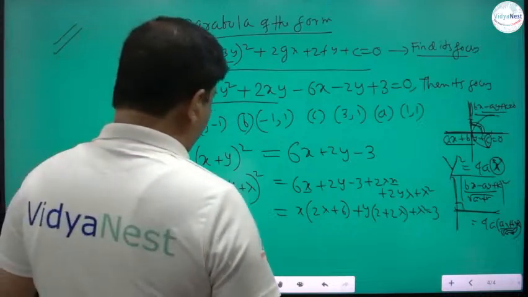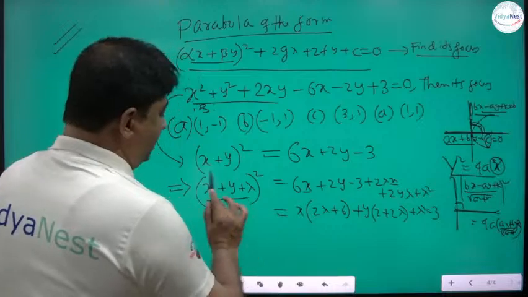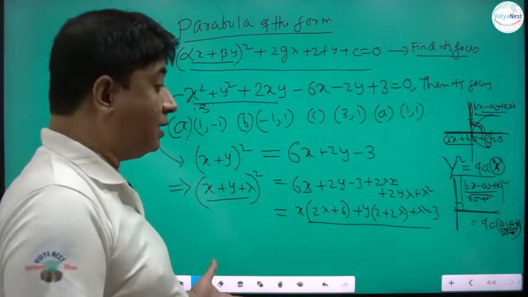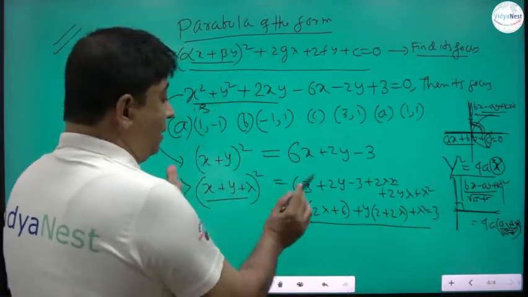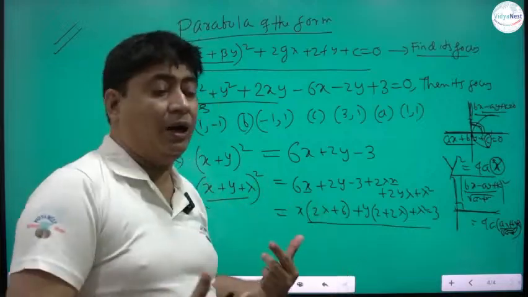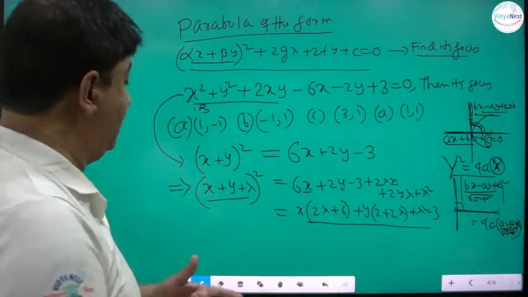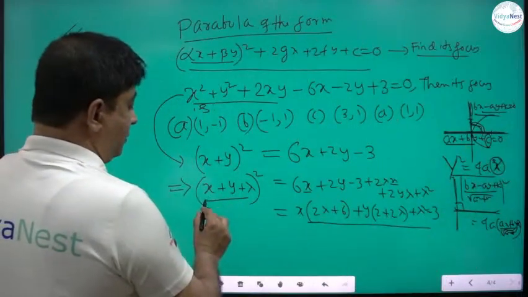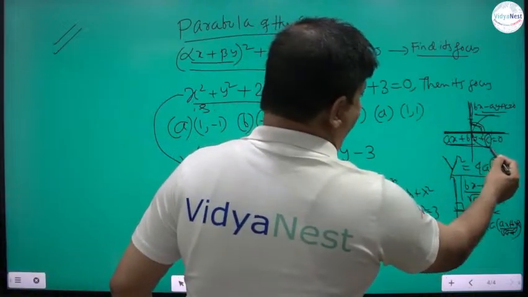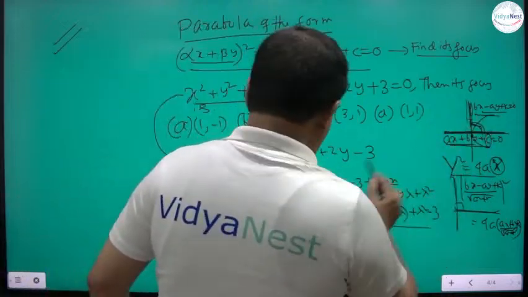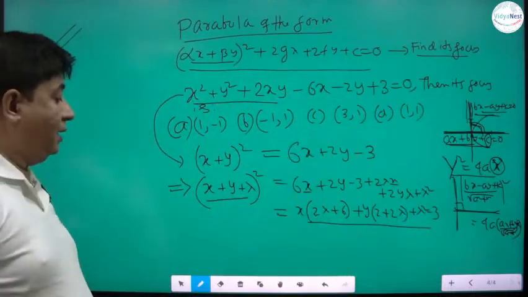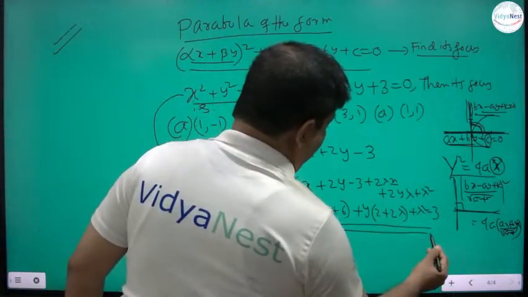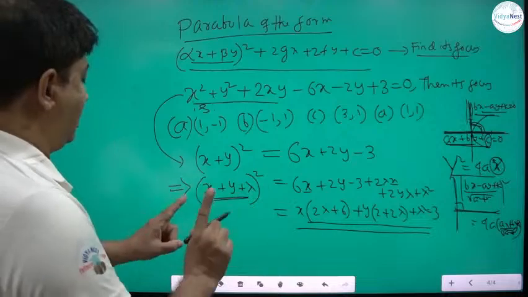So this is one axis, this is another axis, because it will be converted into the standard form. This is one axis, x plus by plus c. This is another axis, bx minus ay plus c. That means the product of the slopes of this linear expression and this linear expression will be minus 1.